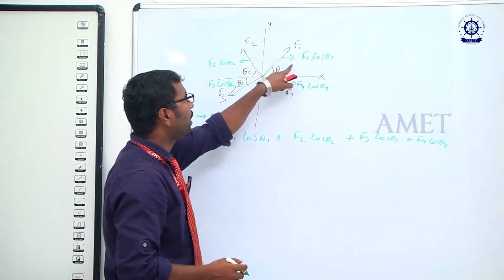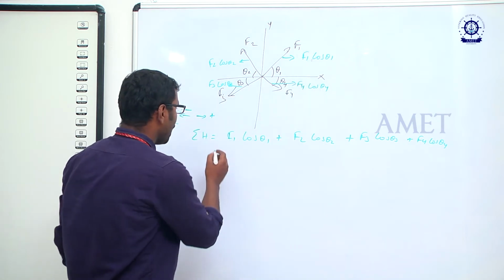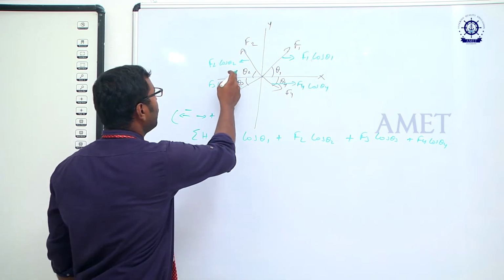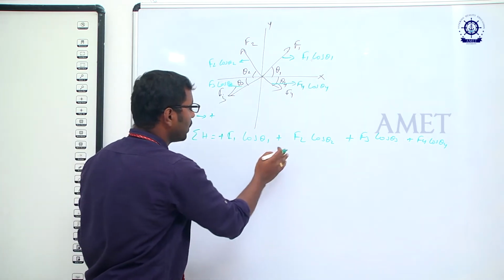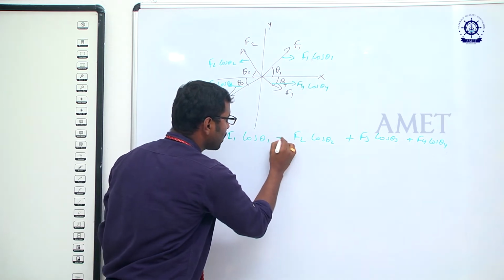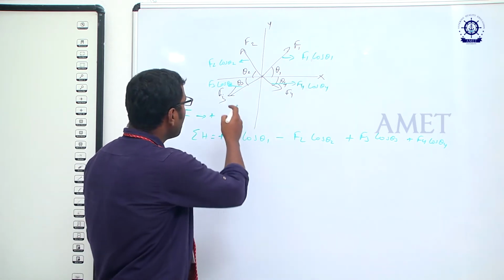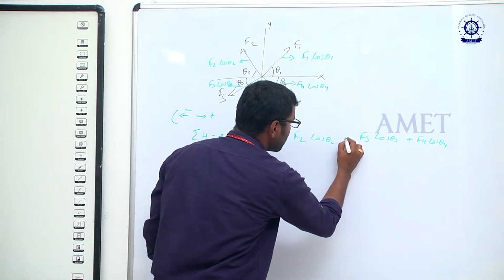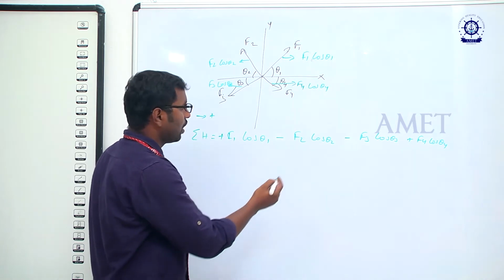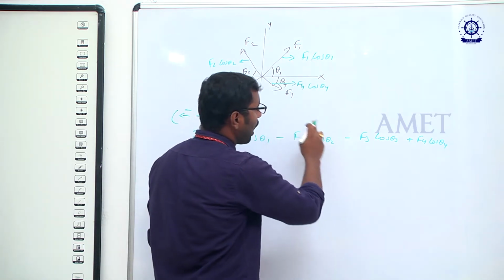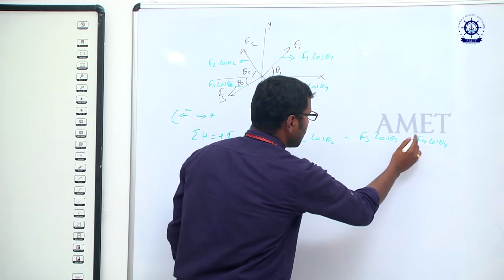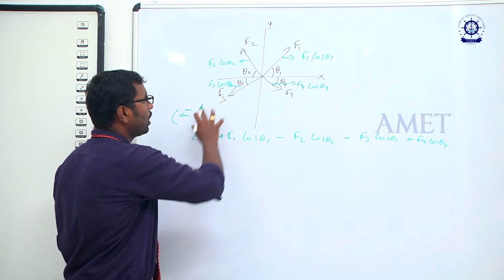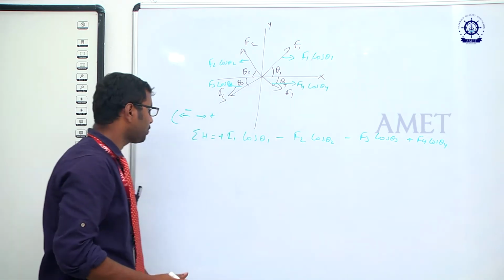So F1 is acting towards the right, so I give a positive sign for this force, and F2 is acting towards the left, so I change the direction to minus. F3 is acting towards the left, so I change this direction to negative, and F4 is acting towards the right, so this is positive. While adding these components we get the total horizontal component of this system.